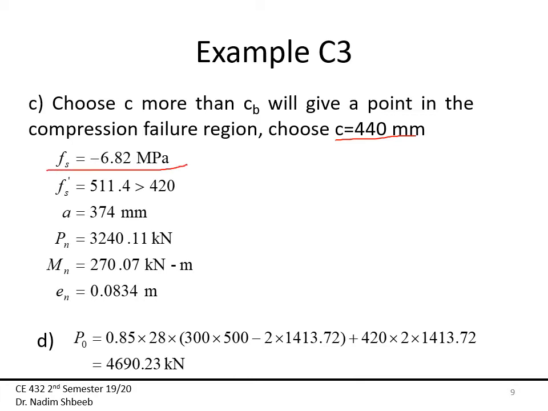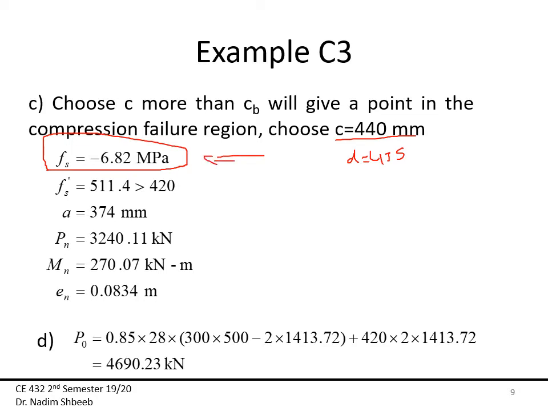Just to have one note here, you notice that FS now has a value of minus 6.82, which means that my tension force is now becoming a compressive force, which is obvious because D is at 435, which means that the whole steel, which I designated first to be my tension steel, is now under compression.